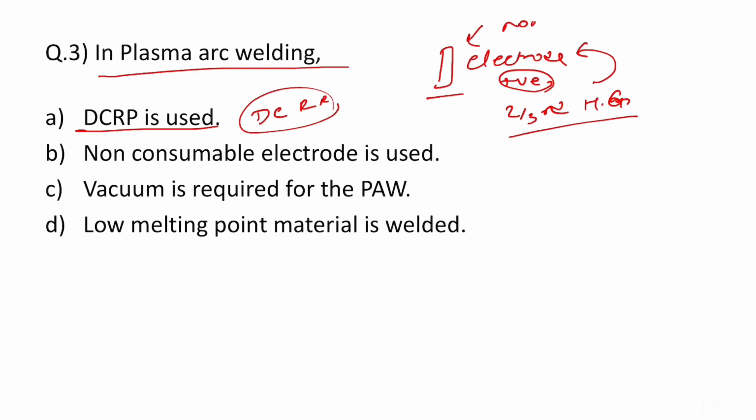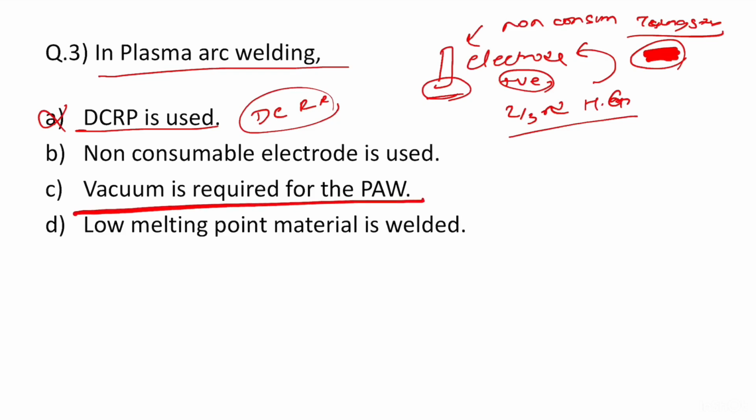In plasma arc we are using a non-consumable electrode, right? That is mainly of tungsten or maybe cadmium. I don't know about cadmium, sorry. So tungsten is there, and you don't want more heat generation on the electrode, so that is wrong.